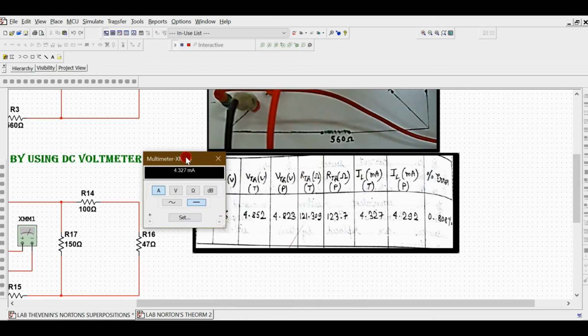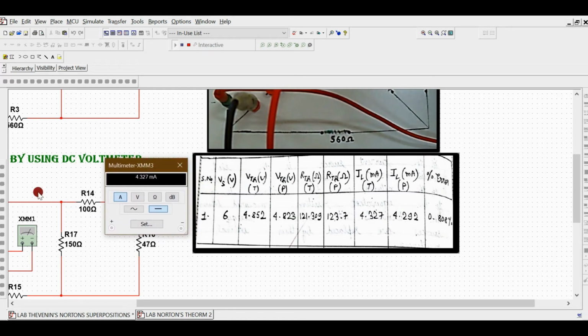So guys, now we will verify this. See the table of load current, theoretical. So this was the load current we calculated by the theoretical procedure, and the answer was 4.327 milliampere, and you can see this ammeter is showing the exact reading 4.327 milliampere.